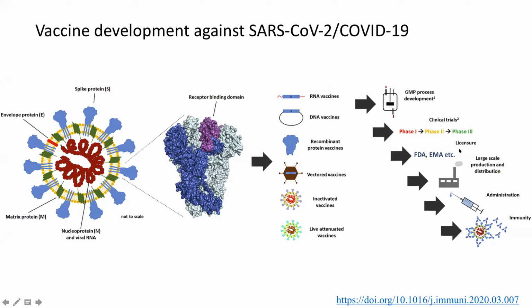One thing going on right now is a collapse of phase 1 and phase 2 trials together, basically jumping straight into phase 2 trials, and having ongoing large-scale production of these vaccines that are still in trials, just in case they do show effectiveness and get licensed. That way we've got billions of doses ready to go if they get the go-ahead. So these are all compressed because of the pandemic and the urgency to get a vaccine.